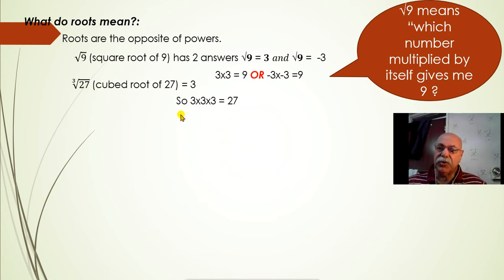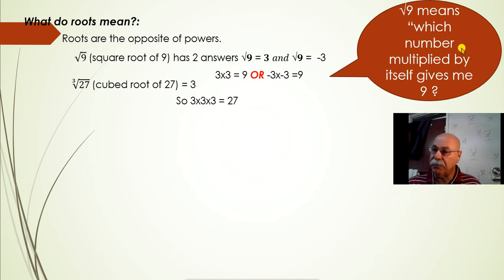How? 3 times 3 times 3 equals 27. You see? When I ask you in the index or in the rule, what is the result of this, you say 3 cube. But what is the cube root of 27? It is 3.